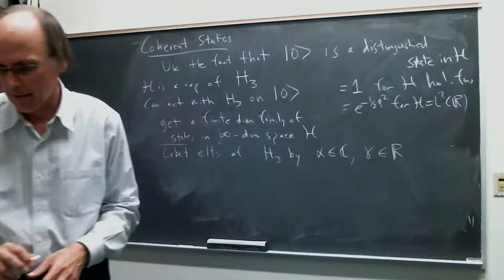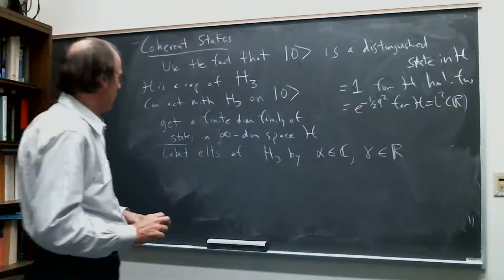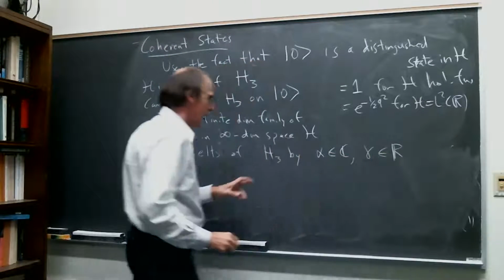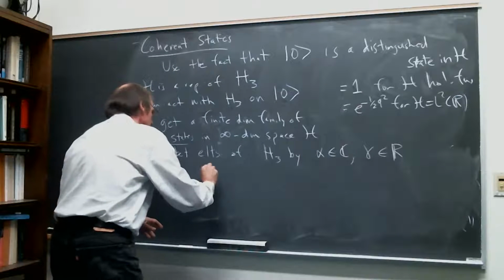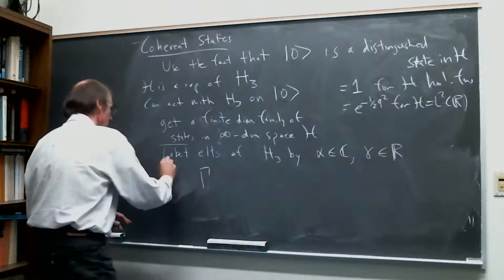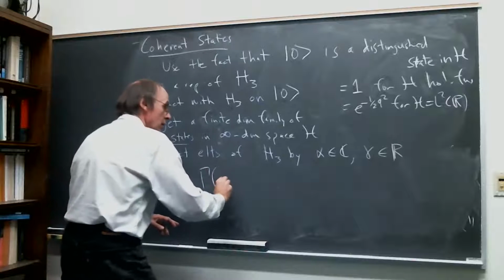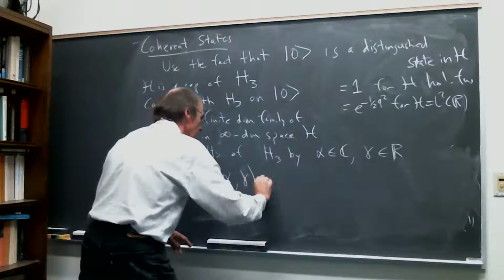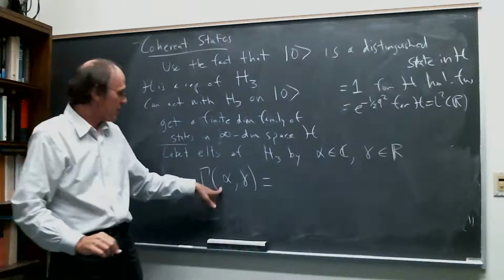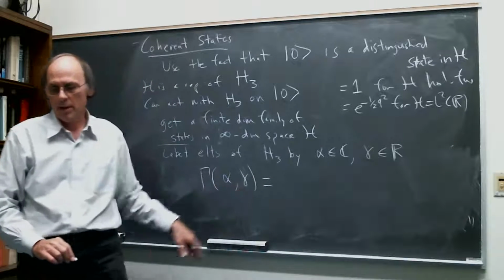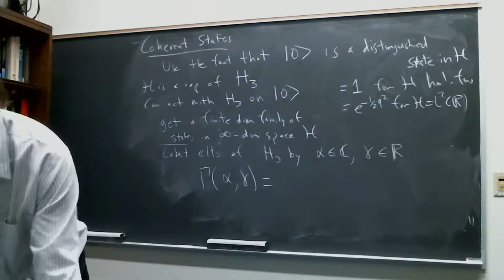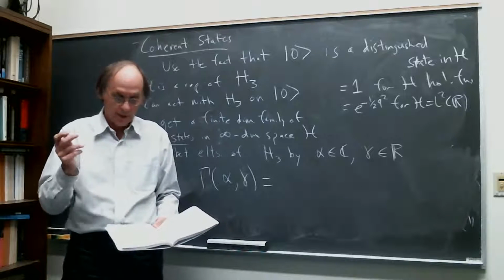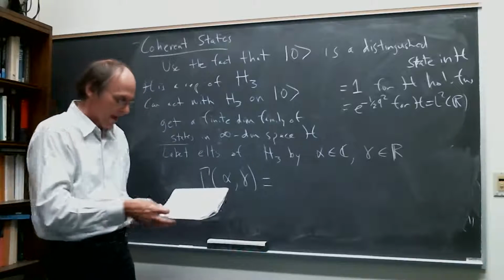But if you just believe me that I can label elements of the group this way, then this representation at this point in the group, you can actually construct it by exponentiating the Lie algebra representation.